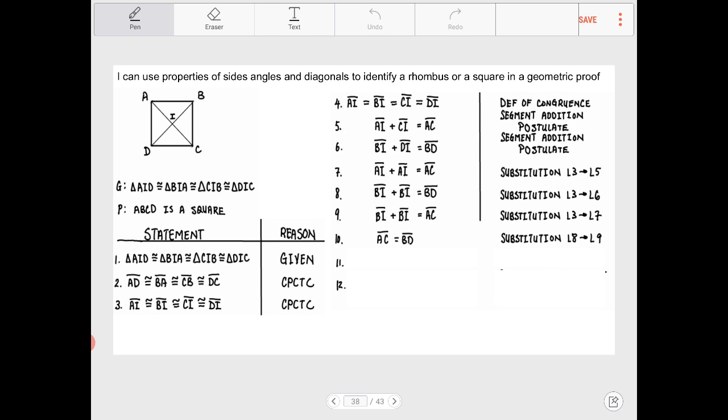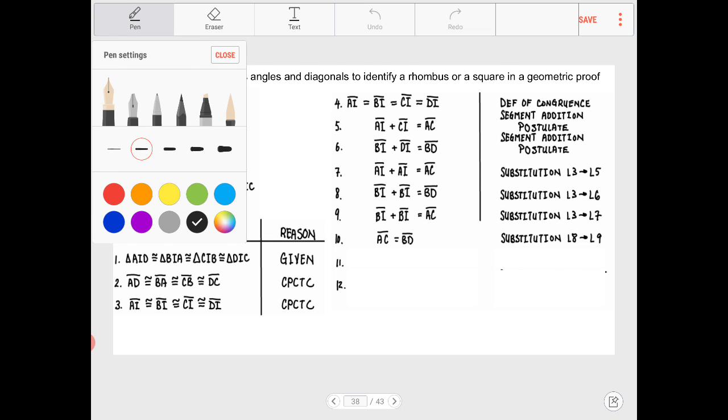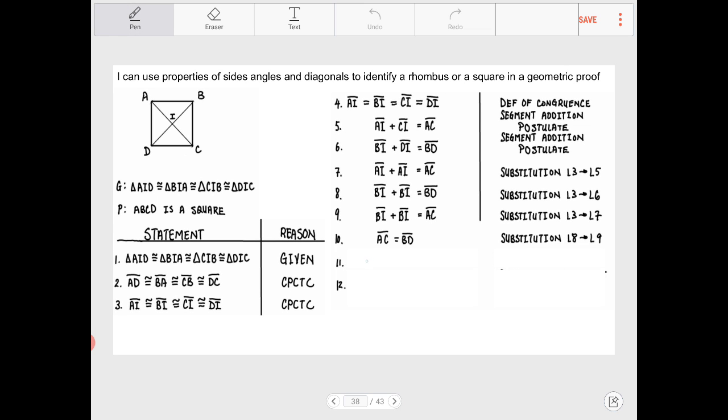So because I know that AC is the same as BD, and I know that all 4 sides are the same as shown in line 3, my final statement can simply be that ABCD is a square. And why is it a square?